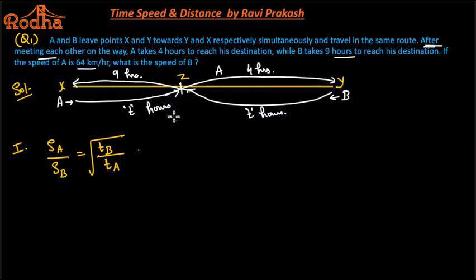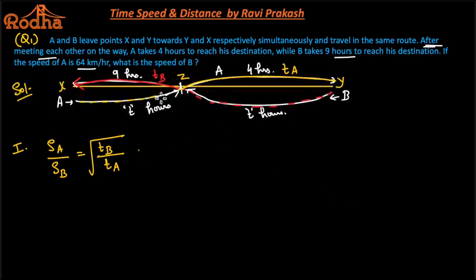After A starts from this point and after T hours when they are meeting here, the time taken to cover this part, let's say this is the path of A here, is TA. And similarly, let's say it is the path of B here. After meeting, the time taken to cover this path is TB. So it's always SA upon SB is equal to under root TB upon TA here, right?